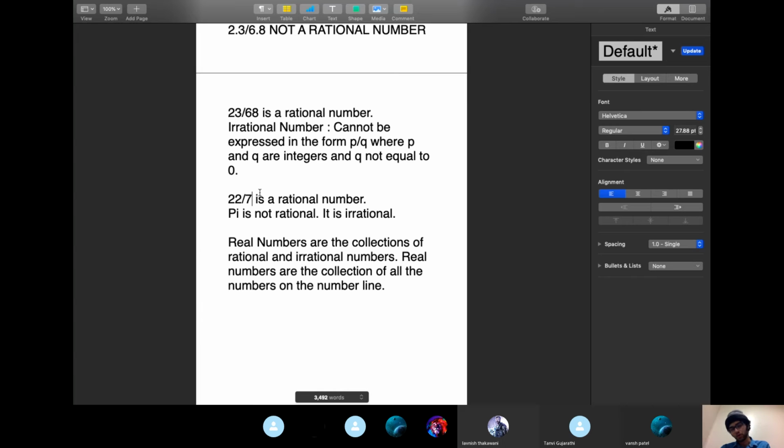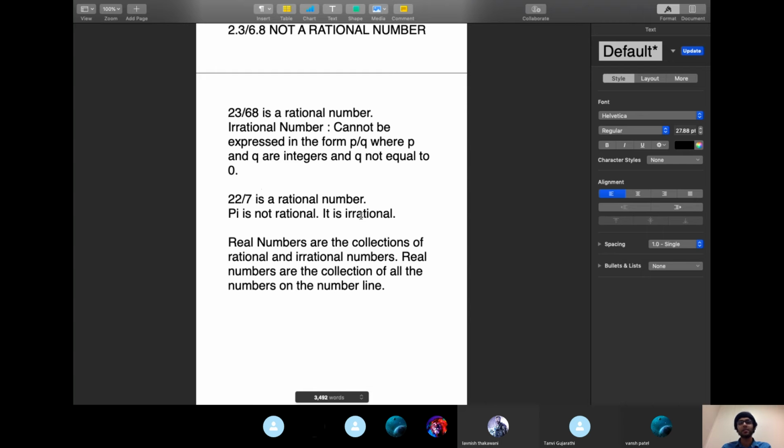Let me finish this. So for normal day-to-day use and for solving the problems in the exams and for learning elementary mathematics, keeping pi as 22 by 7 or 3.14 makes perfect sense because you cannot do operations with an irrational number. So you convert it into a rational number that looks like it, even though it's not.